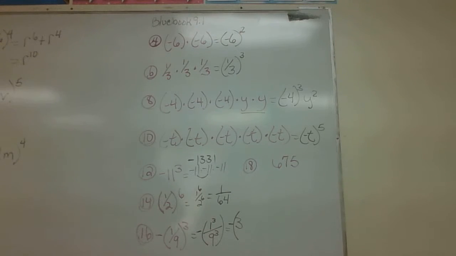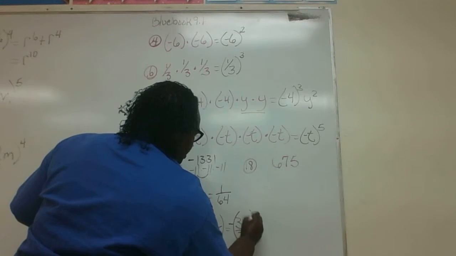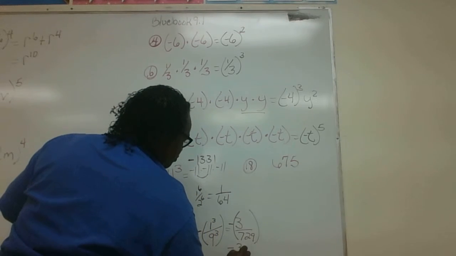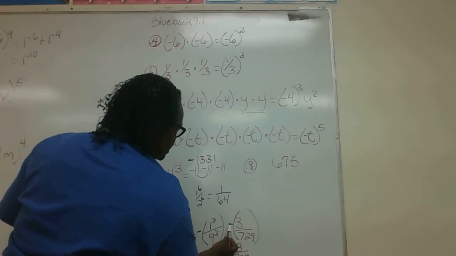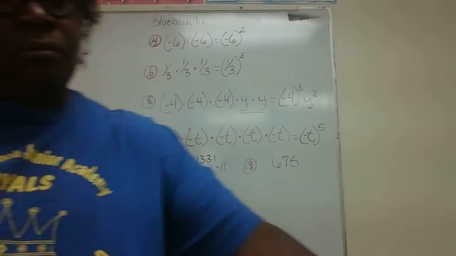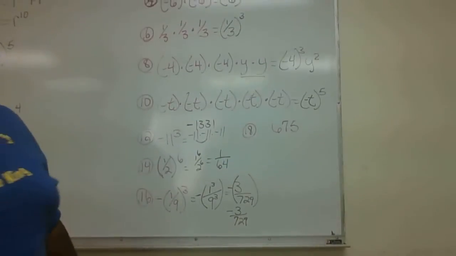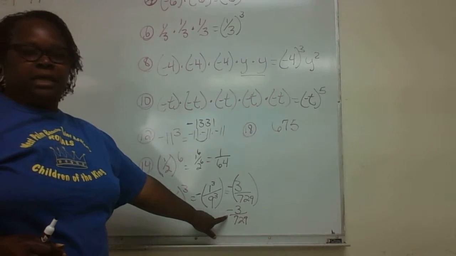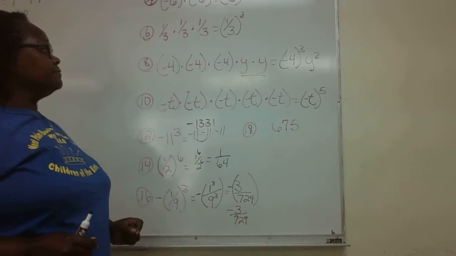And then 9 raised to the 3rd power is going to give us 729. So then our answer is going to be a -1/729 because ultimately this is a -1 on the outside of the parentheses, so therefore it makes the whole fraction negative, okay?